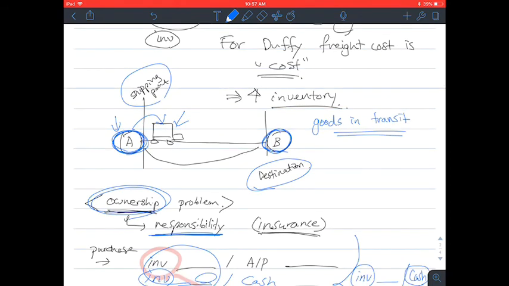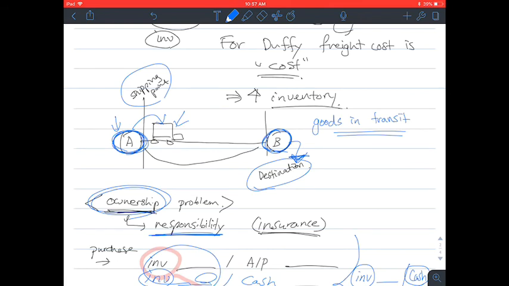A wants to give the ownership as soon as A puts their goods in the truck, while B wants to have the ownership at the destination point. Actually there are more rules on this.